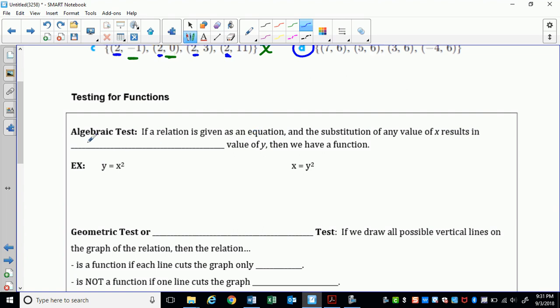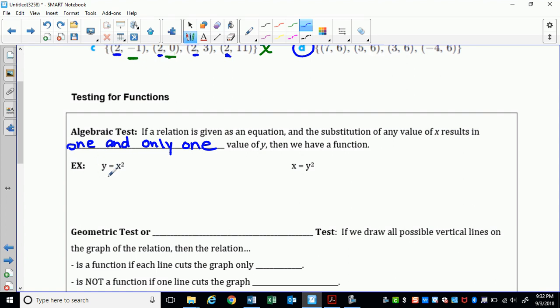So we're going to say exactly 1, or we can say 1 and only 1. It's up to you. I used exactly before, so it's up to you. Something that you will remember: only one value of y, then we have a function. Okay, so let's do an example. Let's see if this is a function.